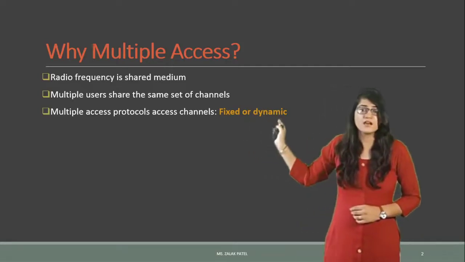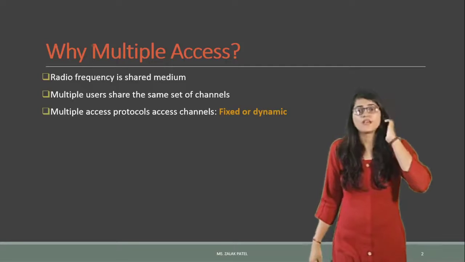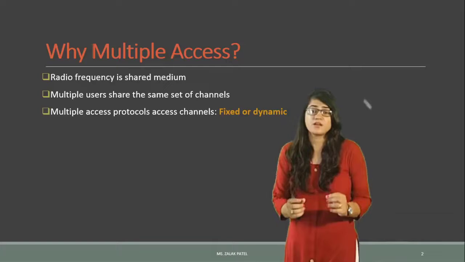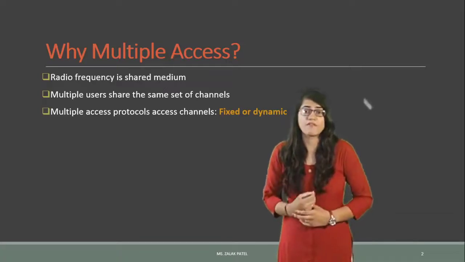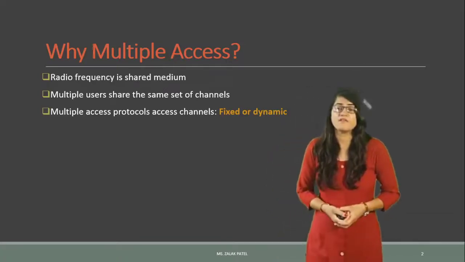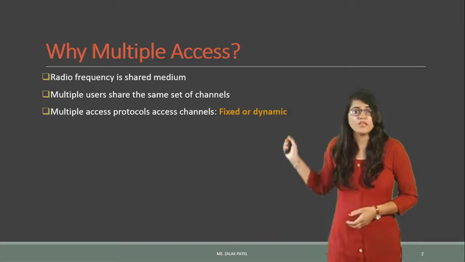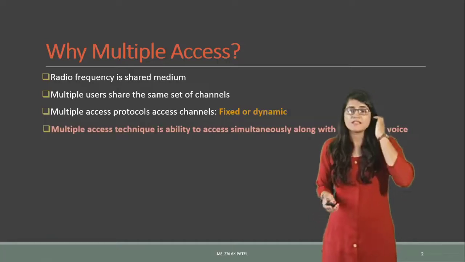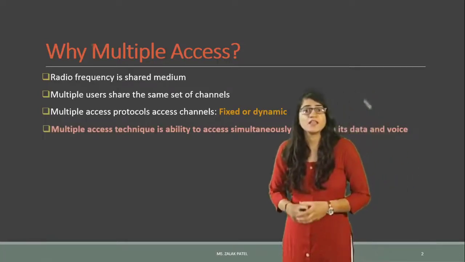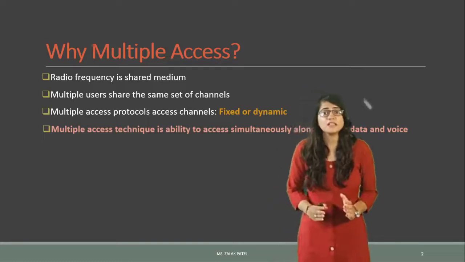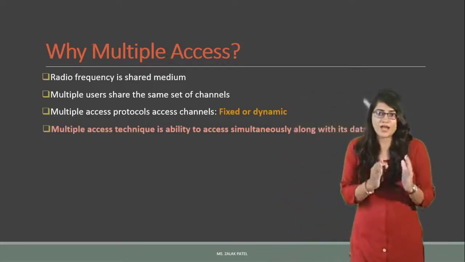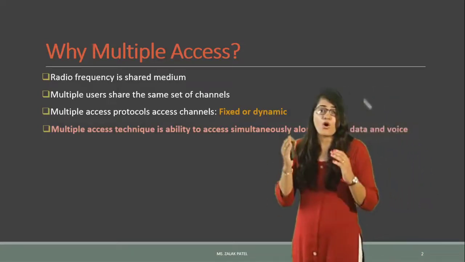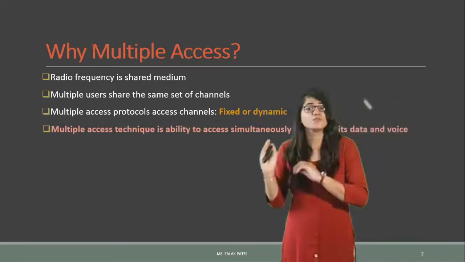The second one is dynamic channel assignment. In the dynamic type of multiple access protocol, according to the user requirement, a set of channels can be made available to users. Basically, multiple access is the ability to simultaneously use data and voice, because in wireless communication the user can transmit either data or voice from the transmitter to the receiver end.